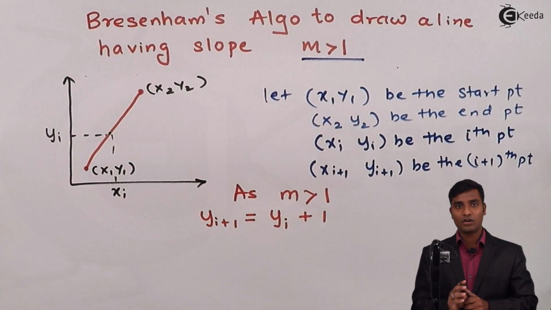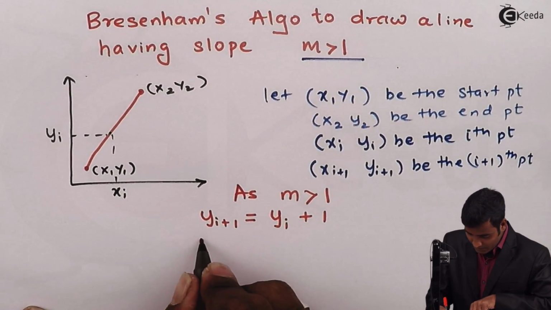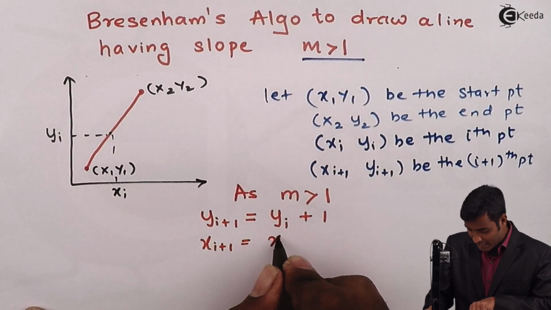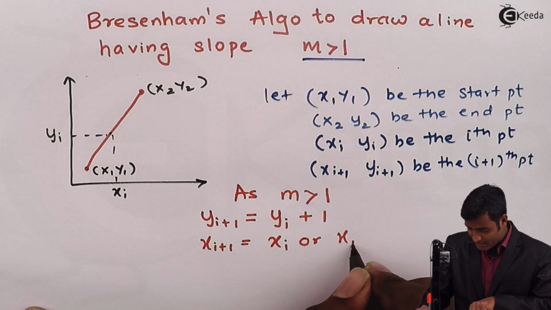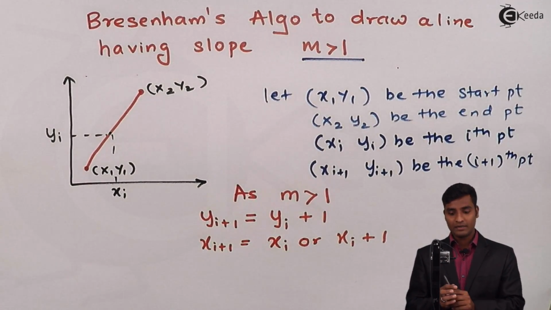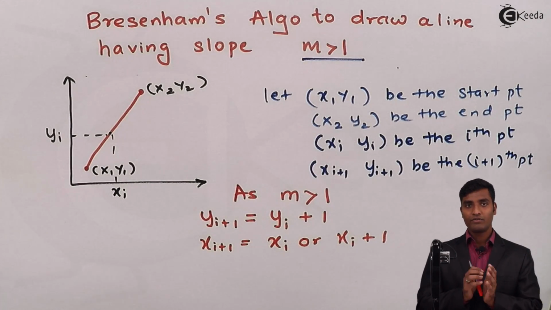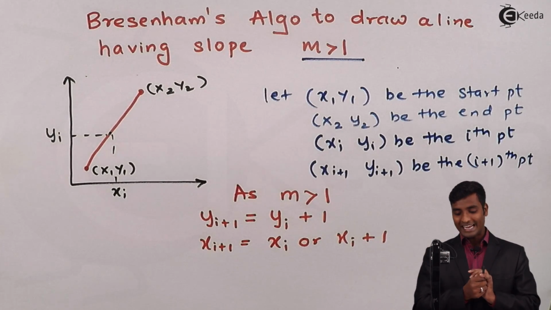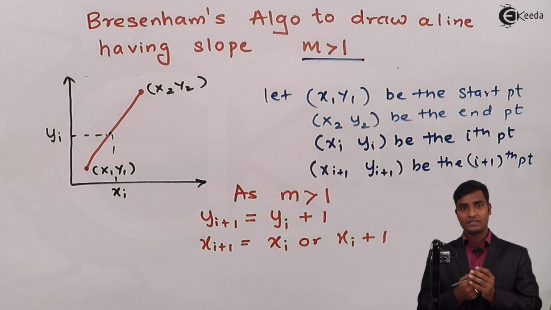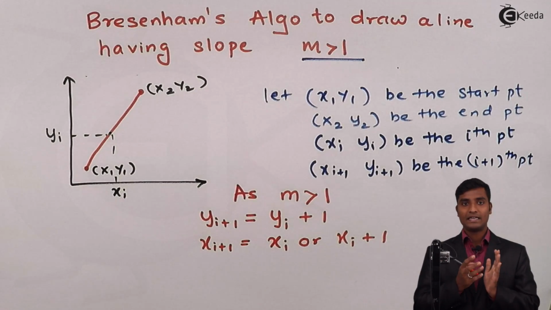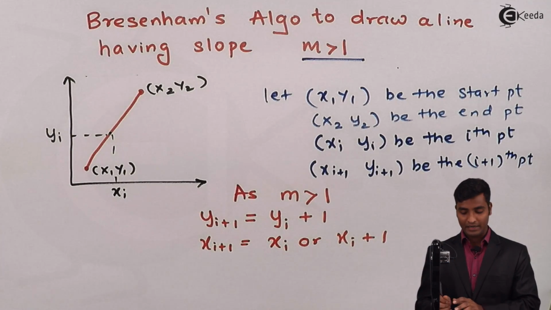But in the case of x coordinate, that is xi plus 1, it may be xi or xi plus 1. So when the slope is greater than 1, the y coordinate value will remain the same, but for the I plus 1th pixel, x will have two values, that is xi or xi plus 1.